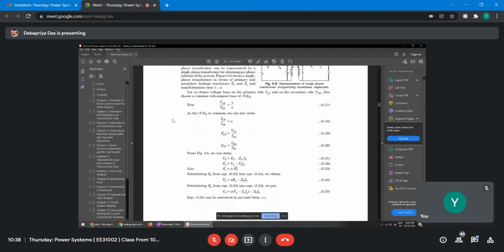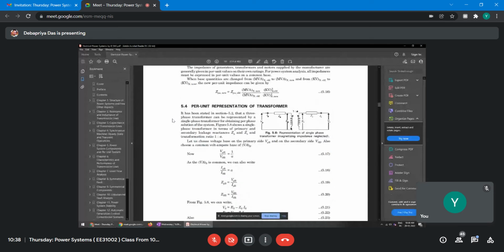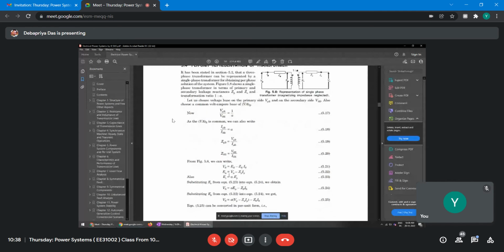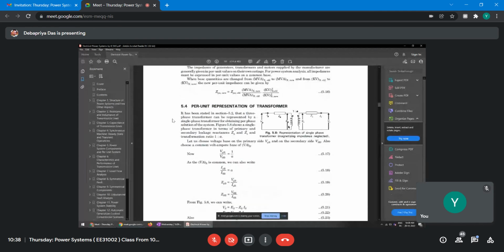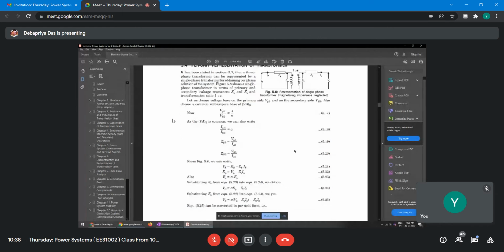And EP is equal to VP minus ZP into IP, right? And another thing is that when you take the ratio of EP and ES, that is 1:A is given, so ES is equal to A into EP. All these things you have studied in your transformer course, in electrical machines, in the 4th semester.